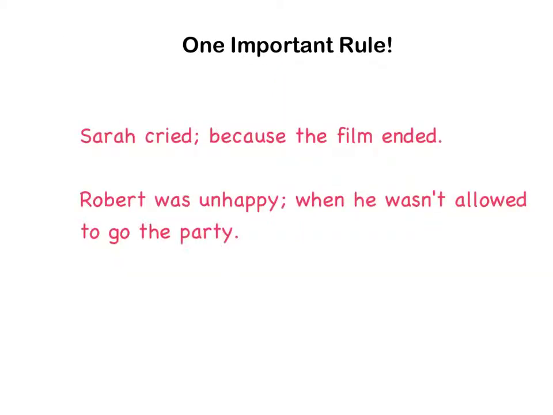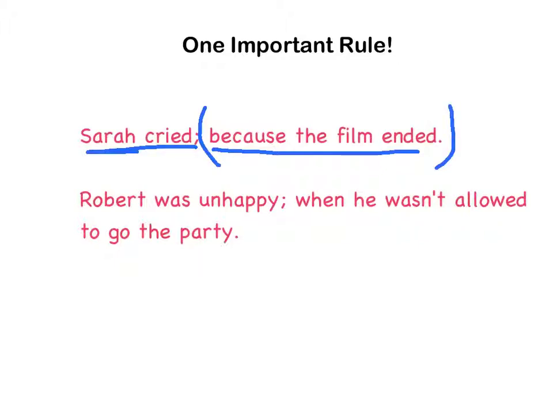One very important rule you need to remember is that semicolons are in themselves connectives. Therefore, you do not need to use a connective after them. If we take the first sentence, Sarah cried, then we take the second clause, because the film ended, you can see that because the film ended is not in itself a full sentence.